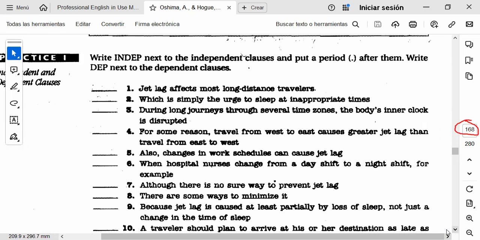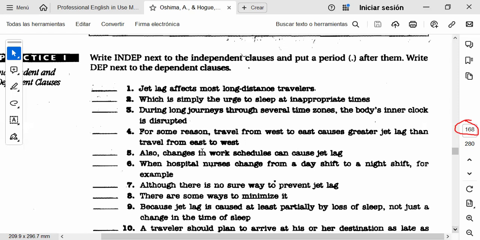Okay, a ver, the first one. Jet lag affects most long distance travelers. Independent clause. Yeah, very good. Number 2: which is simply the urge to sleep at inappropriate times. Dependent clause. Dependent.